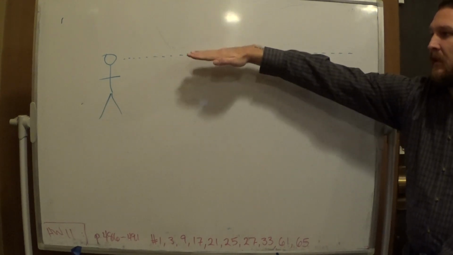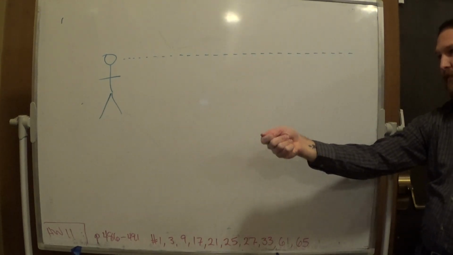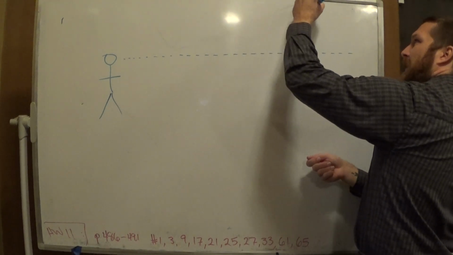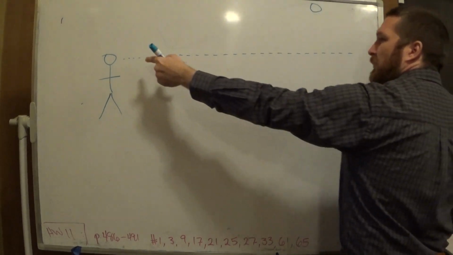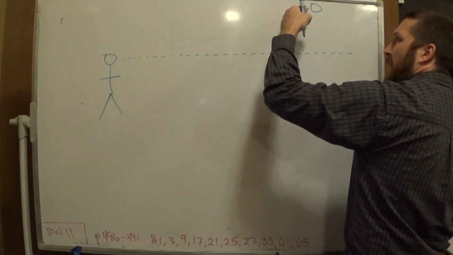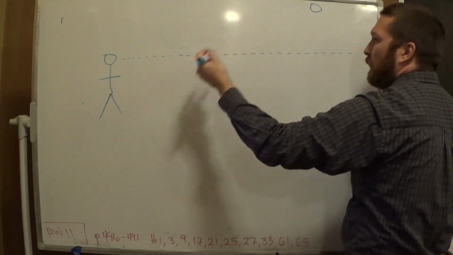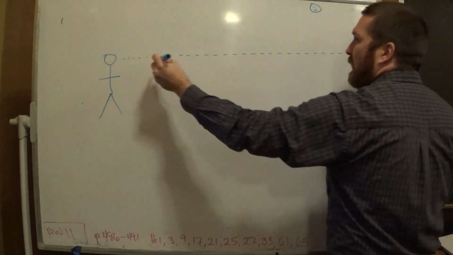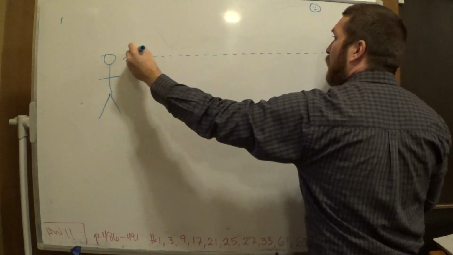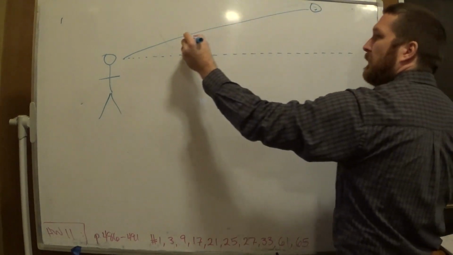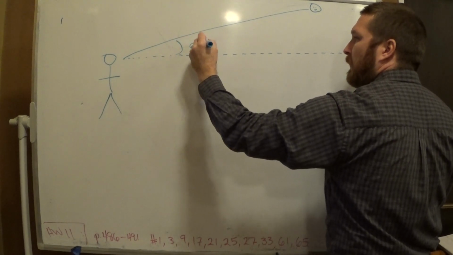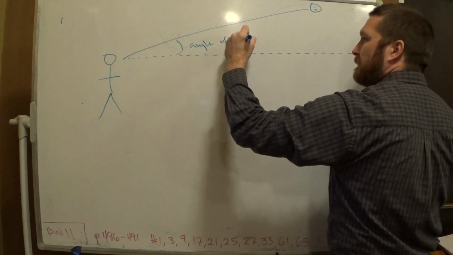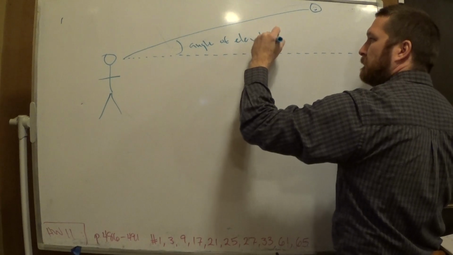That would be this line right here. The string is being held 4 feet above the ground, and then there's something up here. Okay? And so if you're here, and you're looking at, say, the sun, or the moon, or whatever that is, or the smiley face, then the angle made from where you're looking to here is called the angle of elevation.